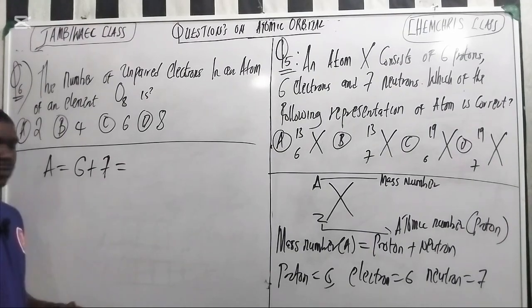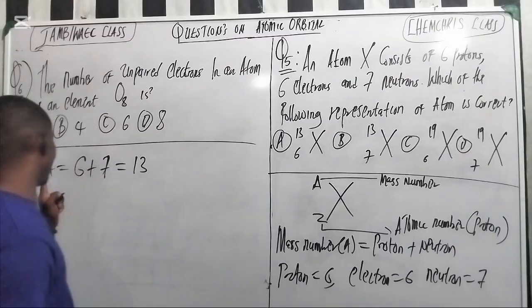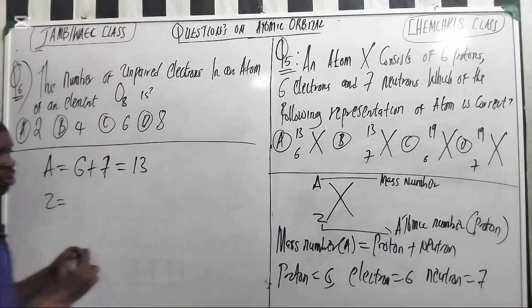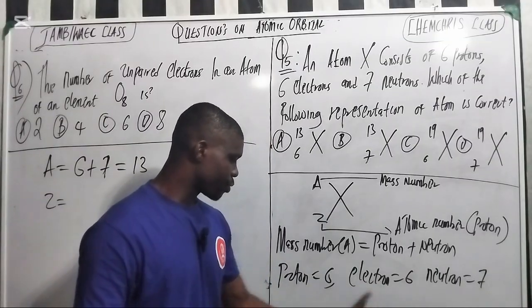So 6 plus 7 is 13. So my A is 13. Then my Z, which is the proton number, is 6.